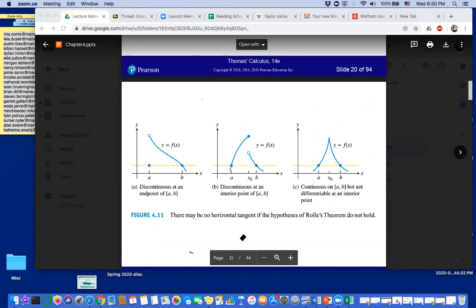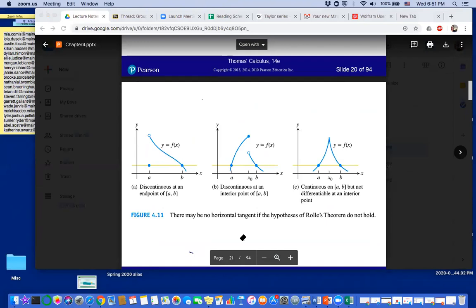Okay. So now that we've worked really hard, can you tell me what's wrong with the other two? So can you tell me what fails at B? And okay, so in C there's a corner, right? Meaning that the function fails to be differentiable.